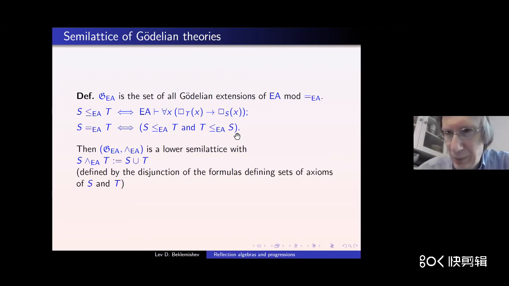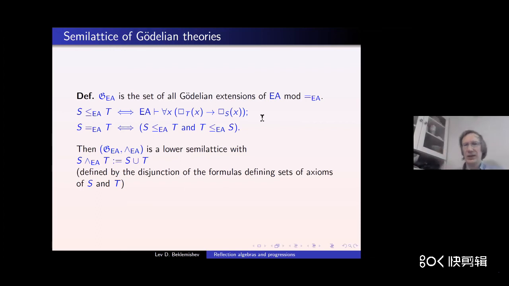Here we deal with more information. For a Gödelian theory, we deal not so much with the theories as sets themselves, but rather with their proof predicates. So we deal simultaneously with the theory and with its representation in some metatheory, in this case elementary arithmetic. And here we require that this inclusion is provable. That's a natural ordering relation that is invariant under the properties that we are going to study.